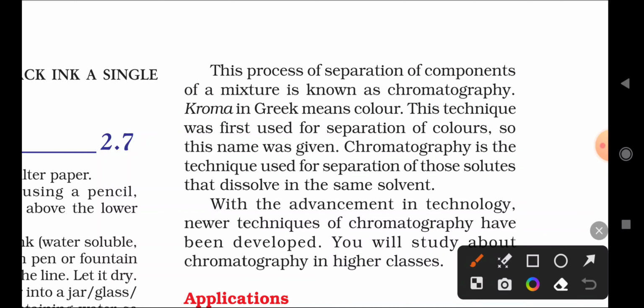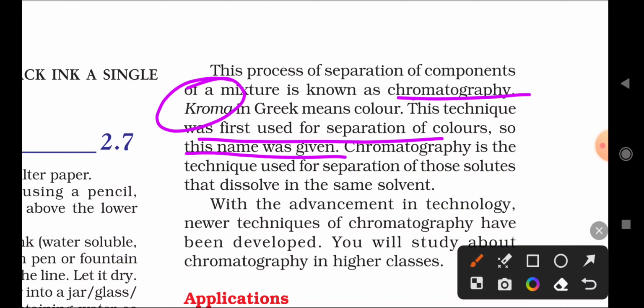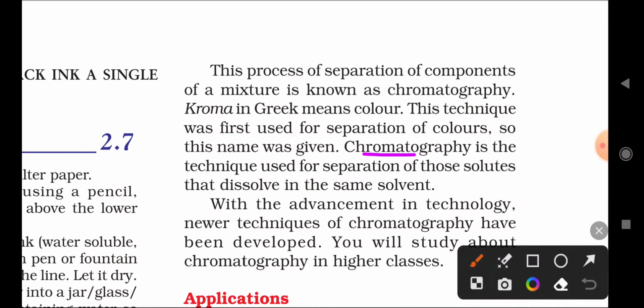So this name was given because chroma means color, and so the term is chromatography. Chromatography is the technique used for the separation of solutes that dissolve in the same solvent. Where is it used? It is used for the separation of solutes which are dissolved in the same solvent.